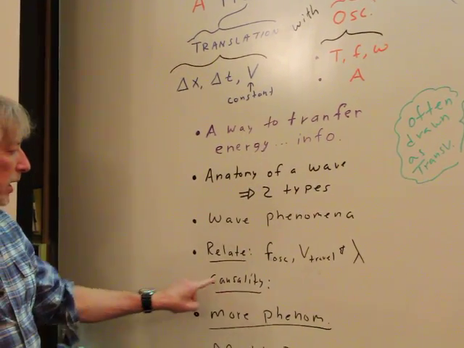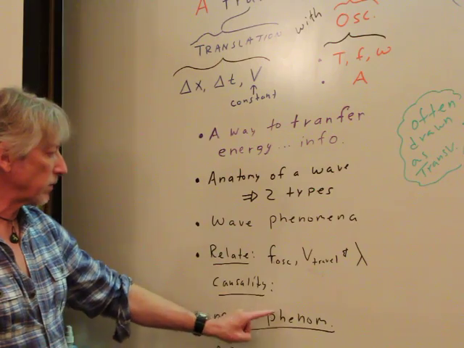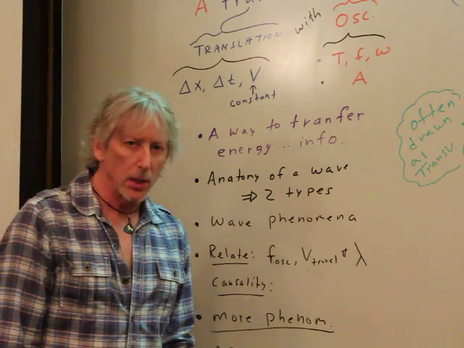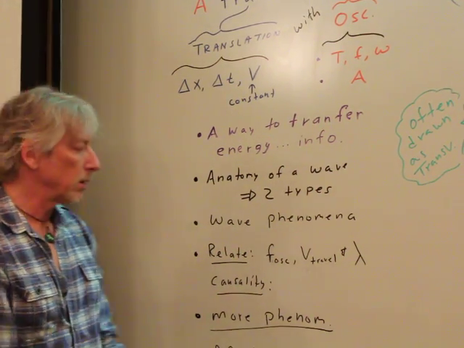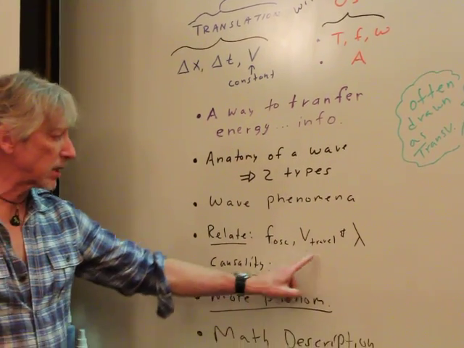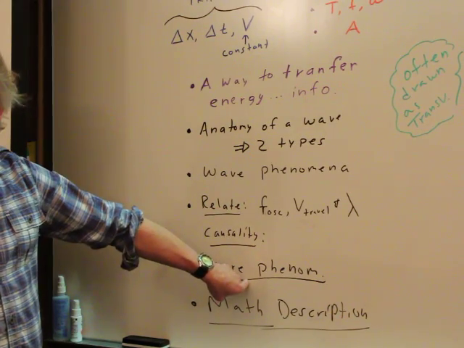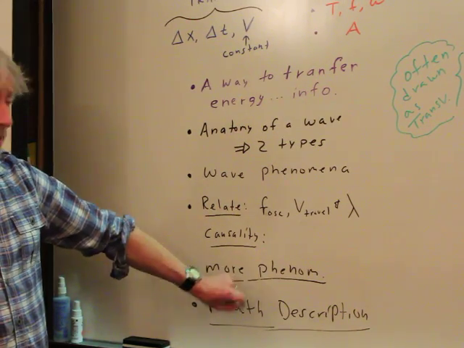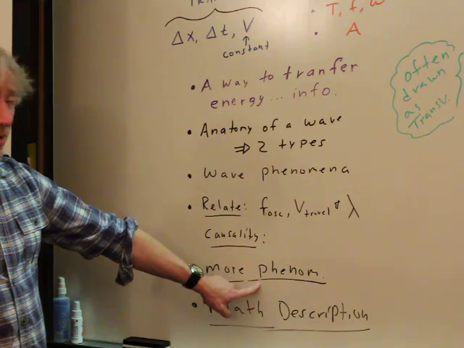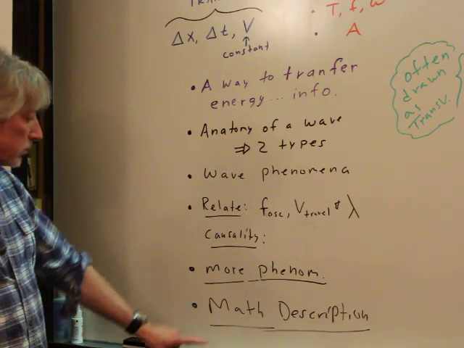We'll talk about the causality. What causes the frequency? What causes the velocity? What causes the wavelength? What determines them? We'll be careful to think physically about a very simple mathematical relationship. We'll look at more phenomena like diffraction, interference, and things of that nature, Doppler shift, beats.